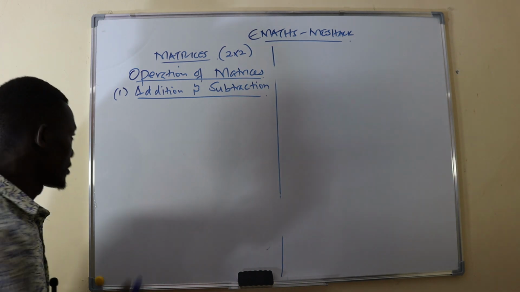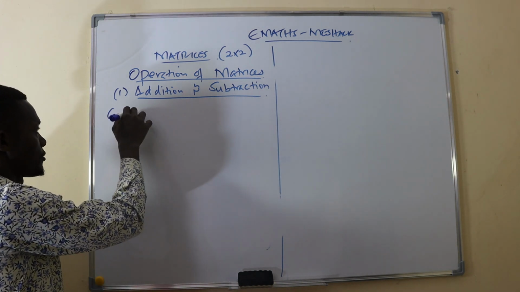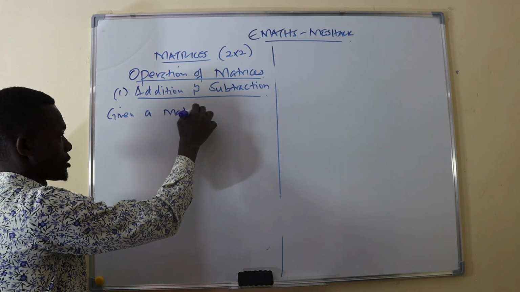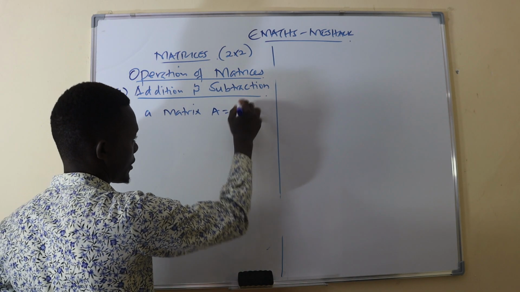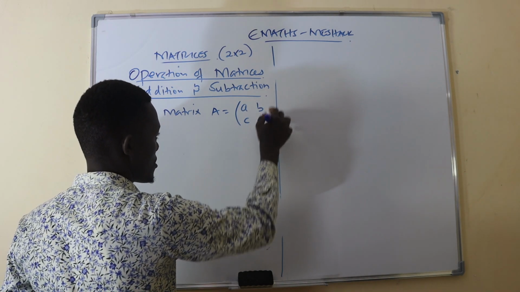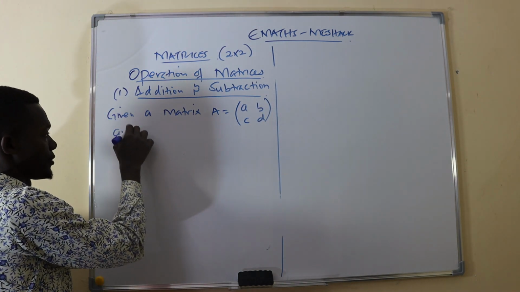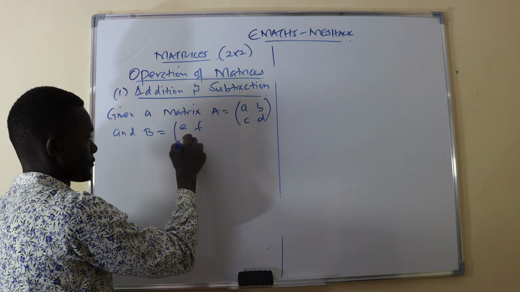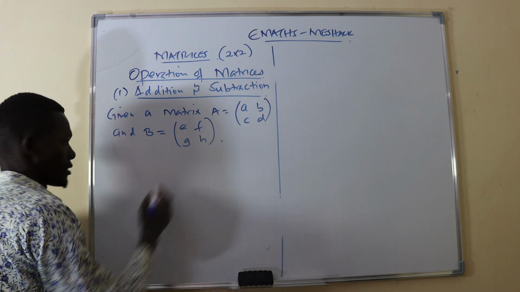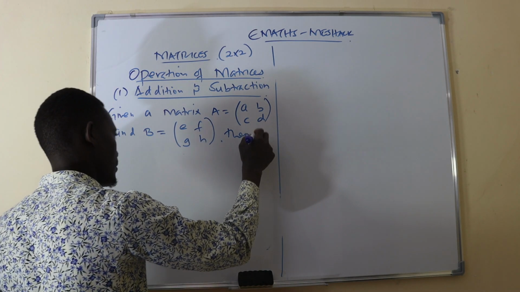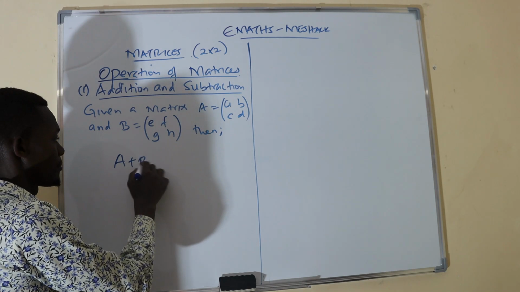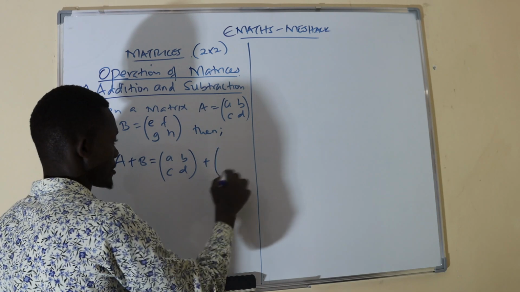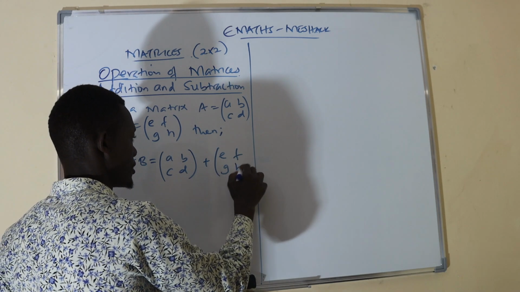Given a matrix A with elements a, b, c, d, and a matrix B with elements e, f, g, h, then A plus B is given by the matrix a, b, c, d plus e, f, g, h.